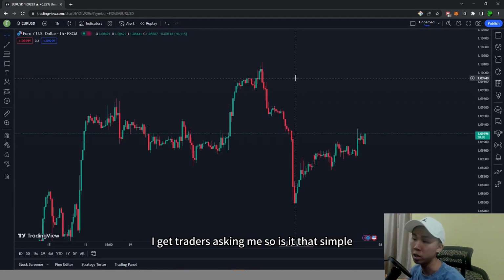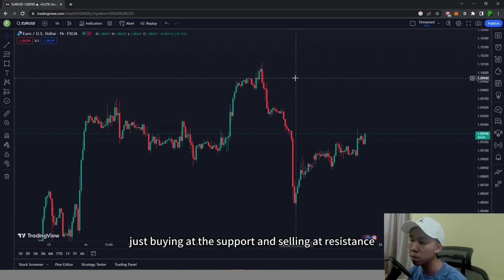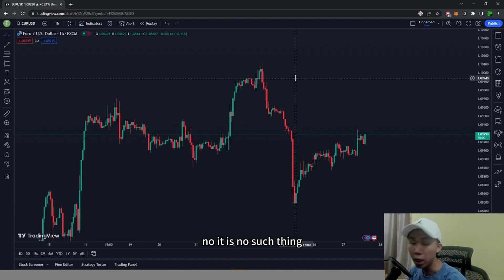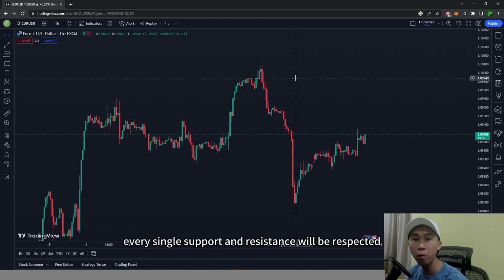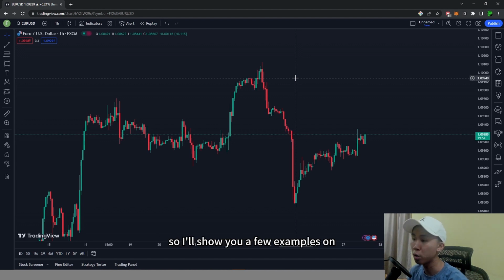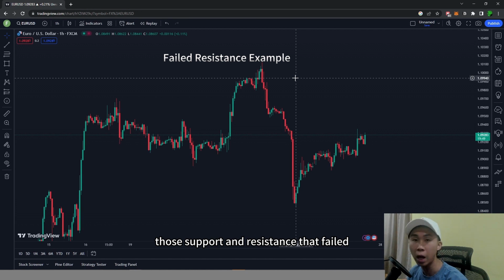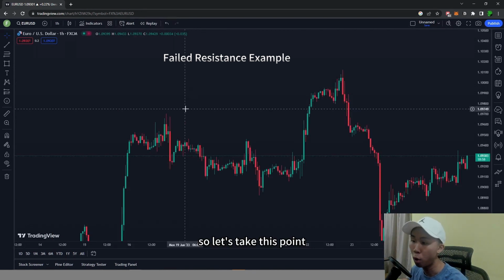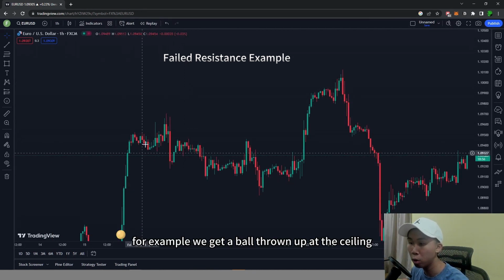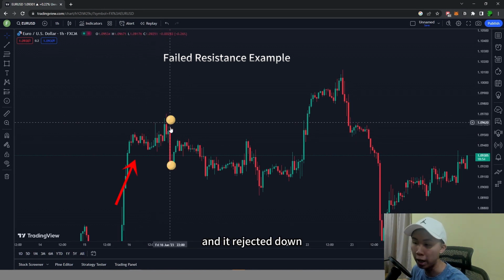I get traders asking me, is it that simple? Is trading that simple? Just buying at the support and selling at resistance? No. It is no such thing that every single support and resistance will be respected. So I'll show you a few examples of support and resistance that failed. So let's take this point for example. We get a ball thrown up at the ceiling and it rejected down.